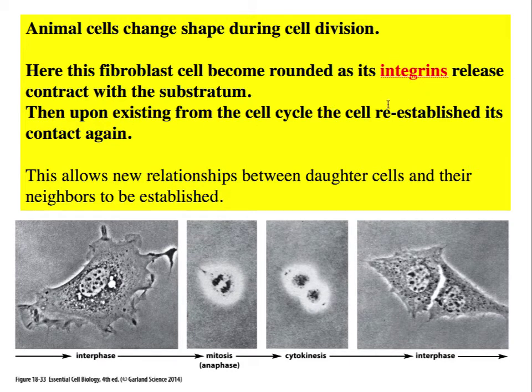So when these proteins are phosphorylated, they tend to be less sticky, therefore allowing the cell to round up. It also allows these cells to let go of their neighboring cells in tissue so that the two daughter cells can re-establish new contacts with their neighbors rather than relying on the neighbors that their mother cell had.